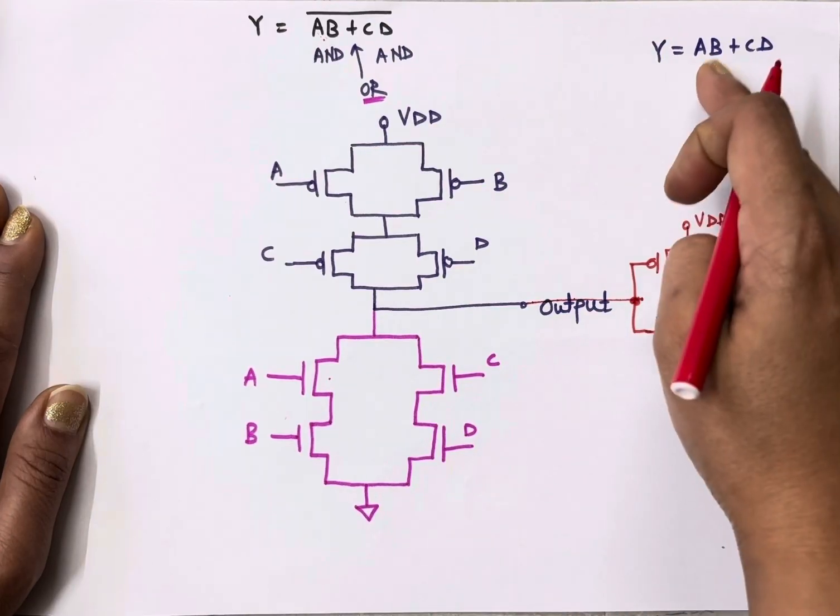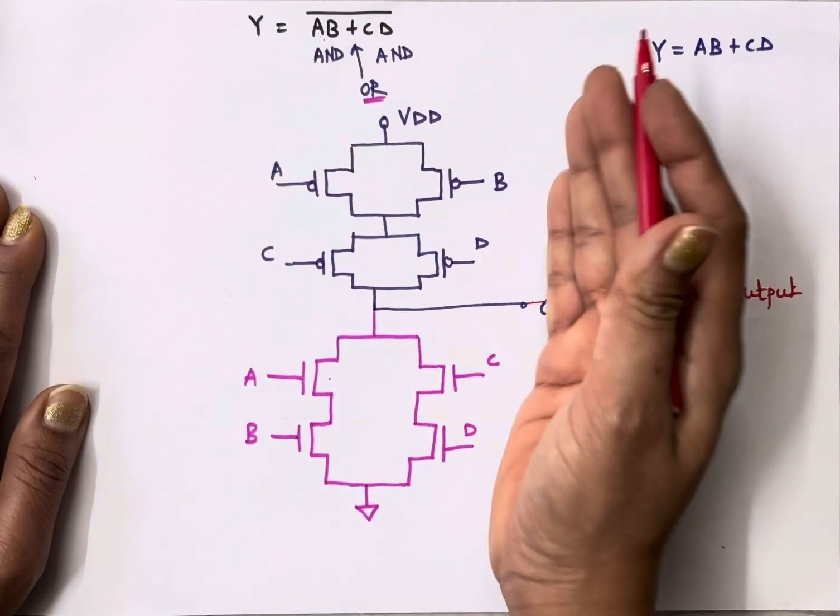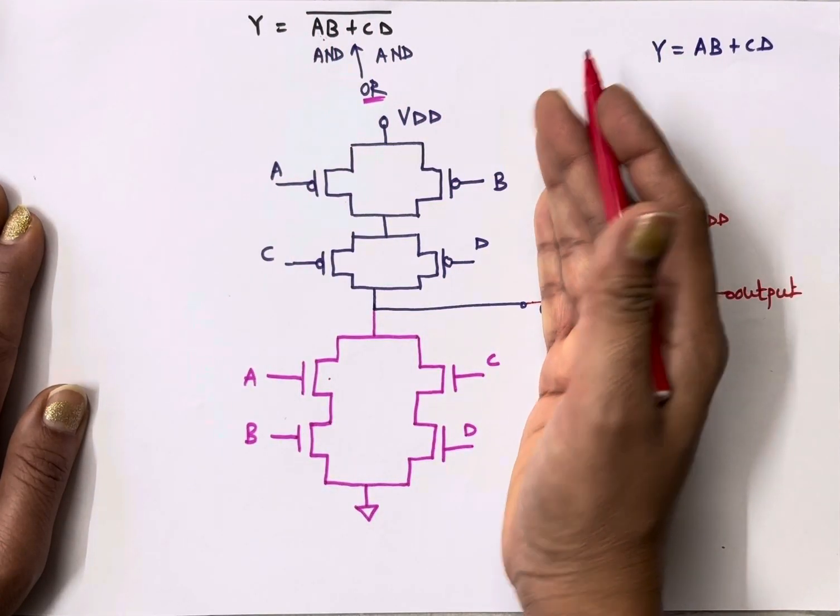If the equation is only AB plus CD whole bar, then this much portion is sufficient.